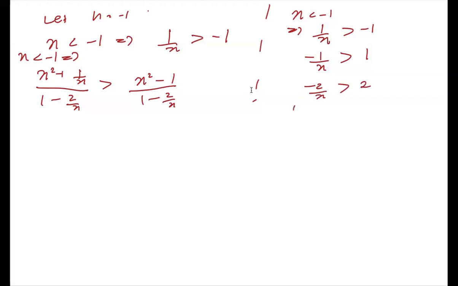So add 1 to both sides, I can have 1 minus 2 over x greater than 3, and then I can have 1 over 1 minus 2 over x less than 3, right? Because it is greater than 3 means it is a positive number anyway. So this is less than 3. No, not 3, it is 1 over 3. 1 over 3. Okay.